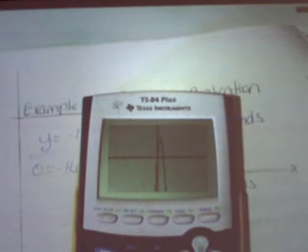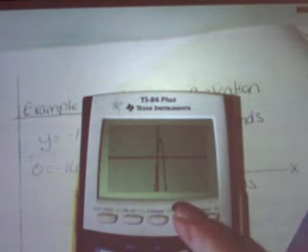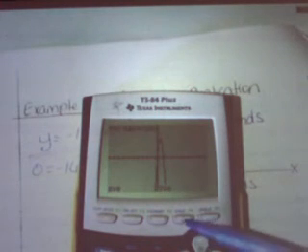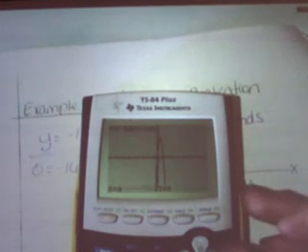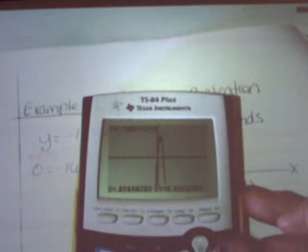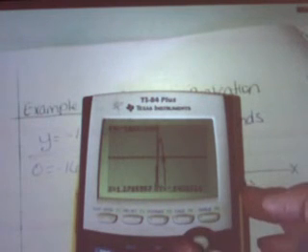Well, I'm going to use the trace feature. Everybody sees trace right here. We're going to move our arrow over until where our y is 0.